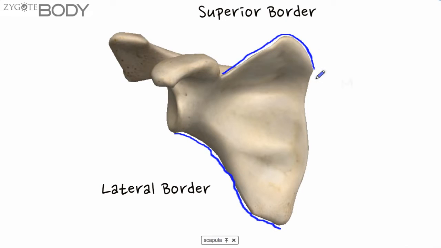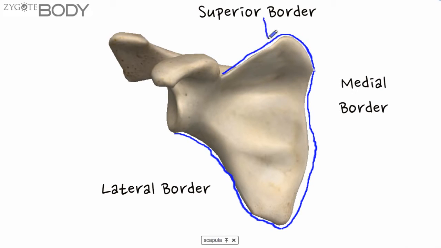Now, the medial border is the longest of the three and extends from the medial angle all the way to the inferior angle. So again, you have the superior border, the lateral border, and the medial border.